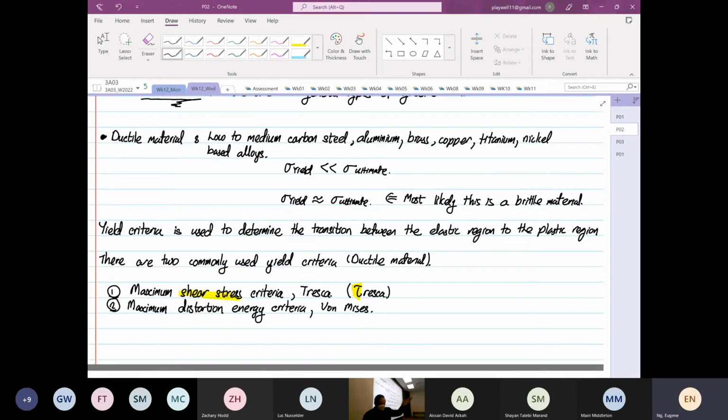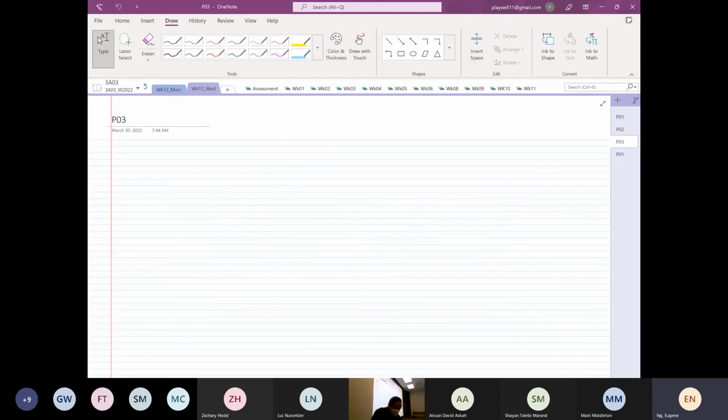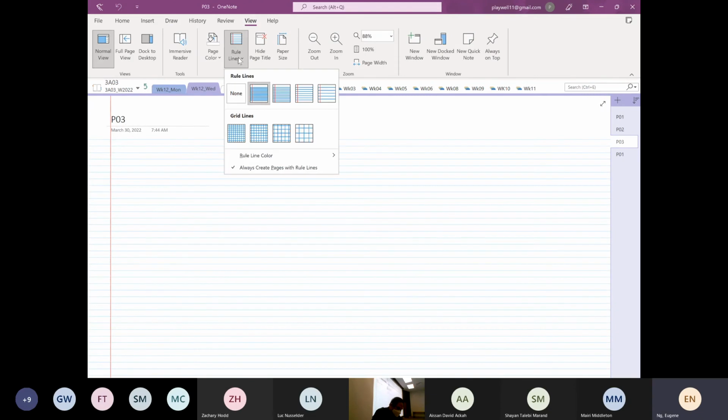I know Tresca is shear, so von Mises, the other one, has to be energy based. So these two criteria are the most commonly used. You look at any design work, we usually use these two criteria. Now, when to use what? By Friday, when we finish the lecture, you will be able to see when to use what. So let's look into these criteria, what they are like.